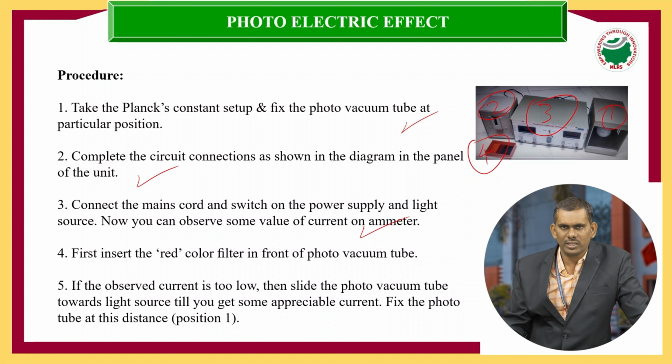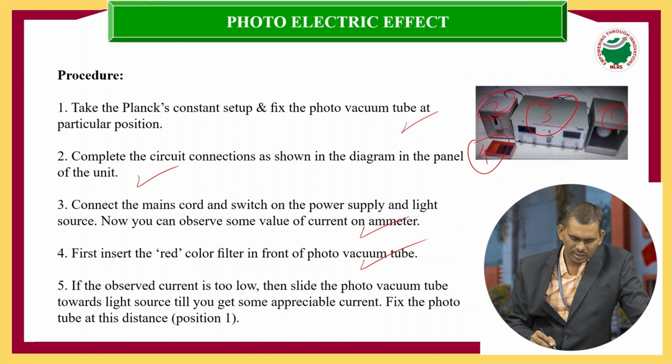So let us place the photocell in front of the light source, insert a filter in front of the photocell and switch on the light. The light is incident on the photocell and as a result some amount of current is generated, which you can see in the milliammeter in the experiment. Next, first insert the red color filter in front of the photocell.